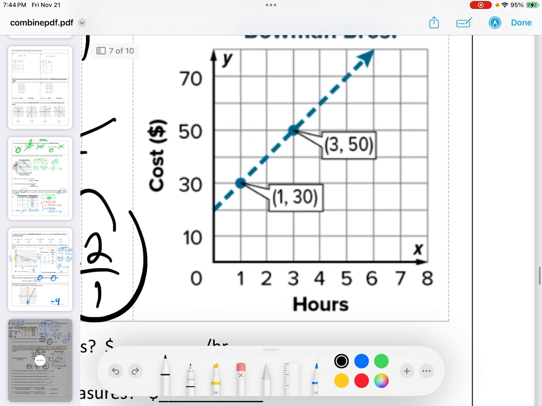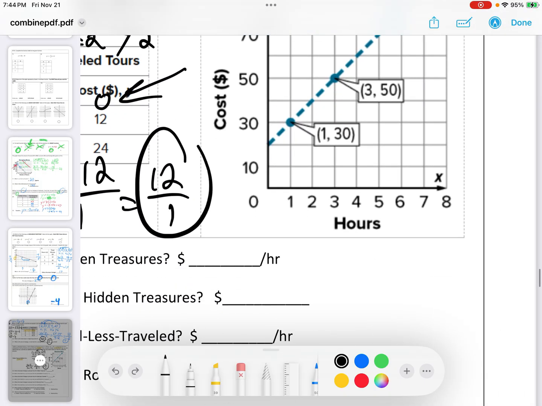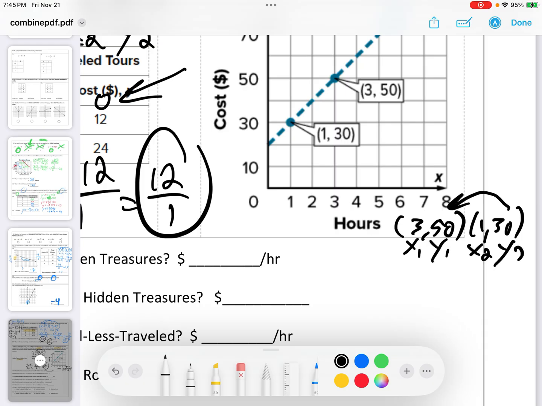How about this one? Well, we don't have much room to do the math, but I'm going to make room anyway. (3, 50) and (1, 30). Don't forget, I'm going to label my x1, y1, x2, y2. Okay, I don't want to skip steps.